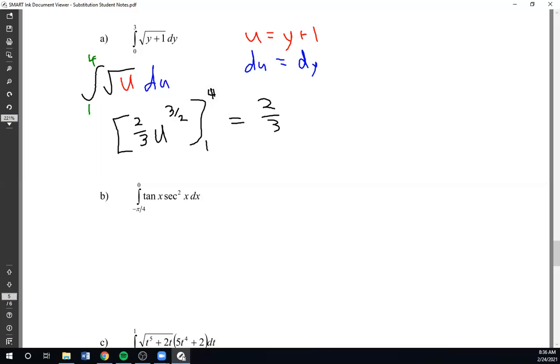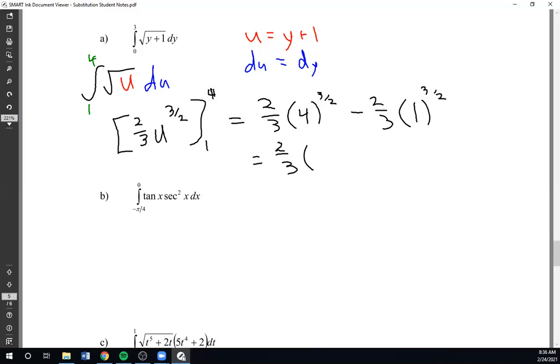2/3 times 4 to the 3/2 minus 2/3 times 1 to the 3/2. 4 to the 3/2, that is taking a square root and cubing it.